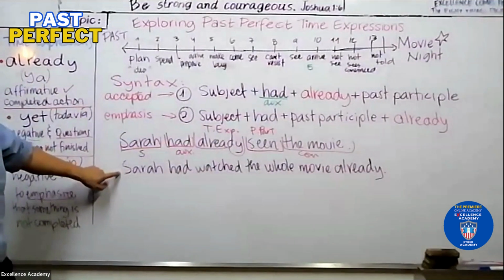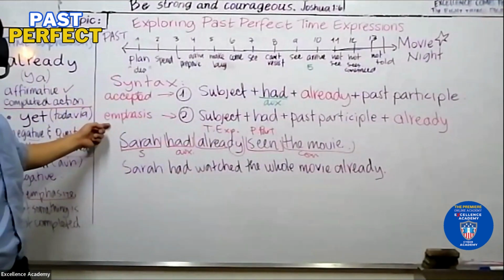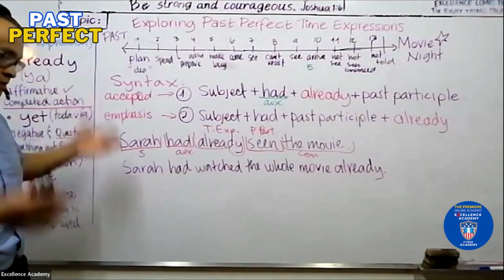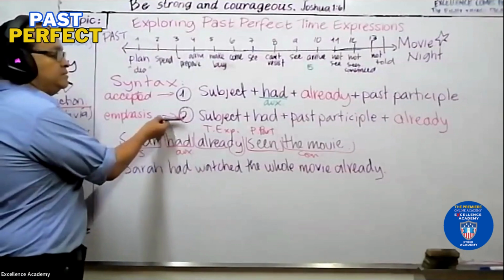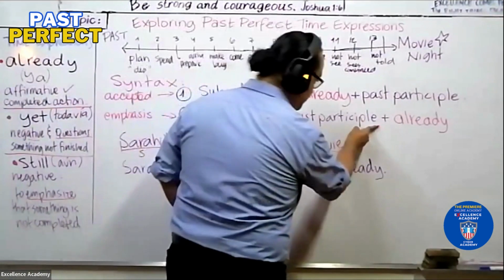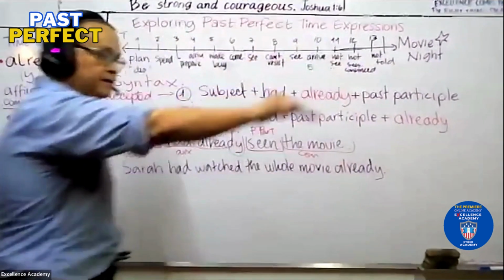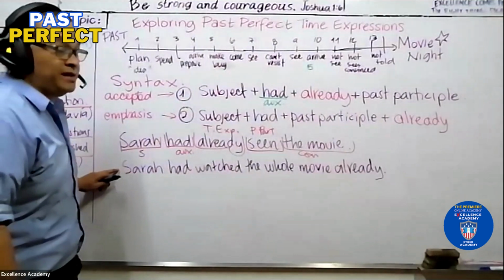Now over here, this is the second structure. It's used for emphasis, to make it more dramatic, to emphasize something. So here it is. We'll have subject plus had, auxiliary, plus participle, plus already at the end. An example of this would be: Sarah had watched the whole movie already.